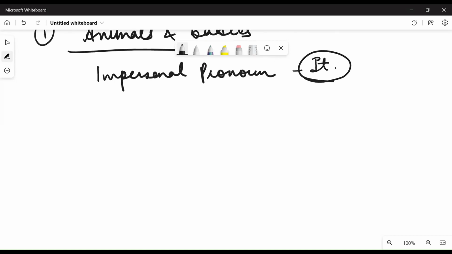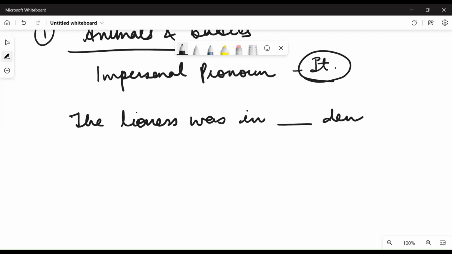For example, अगर हम कहें the lioness was in dash den. So here, if we want, we can use its. But if we want to refer to the gender in particular, then we can use her den.